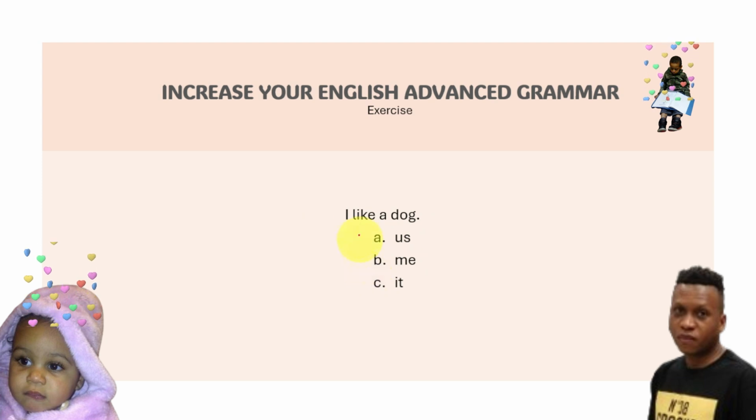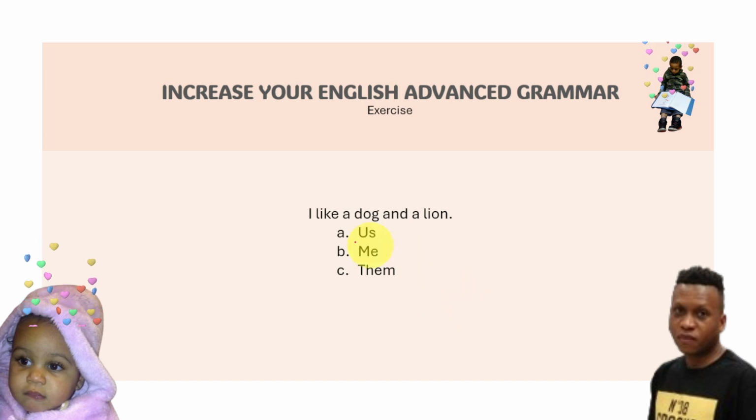We come here. I like a dog. I like us, wrong. I like me, wrong. I like it. This is the one. So, I like a dog and a lion. One more time. I like a dog and a lion.